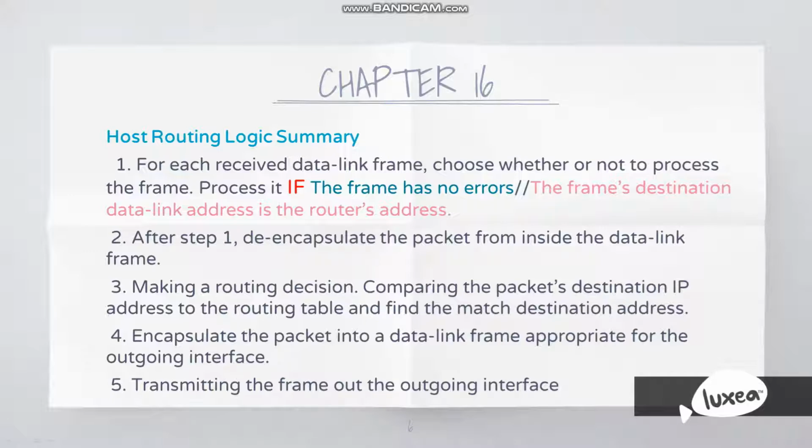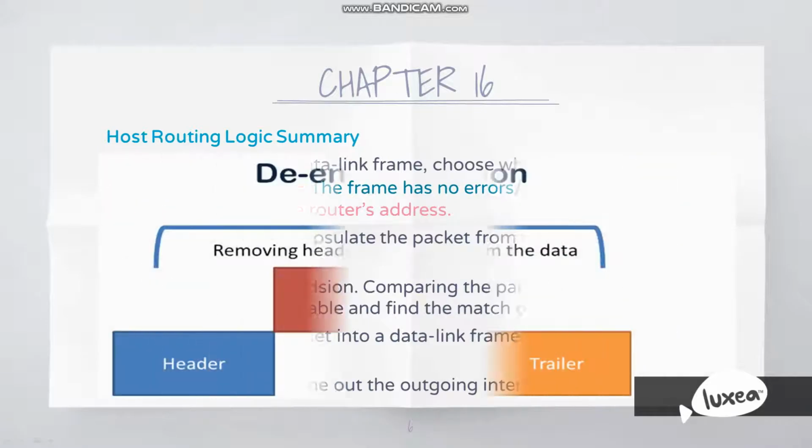So it first filters whether to process or not. Second, after step 1, decapsulate the packet from inside the data link frame, and the decapsulation can be illustrated like this.